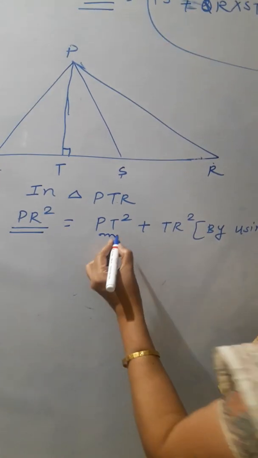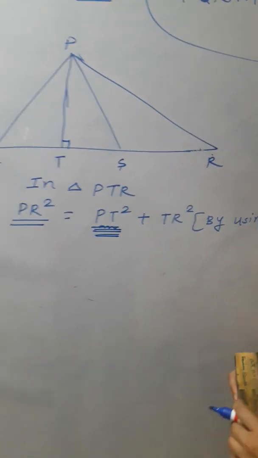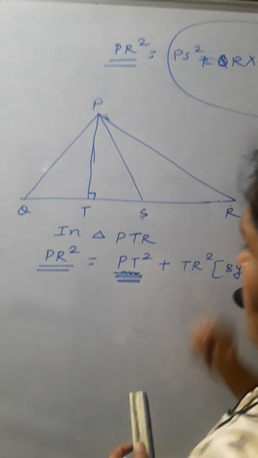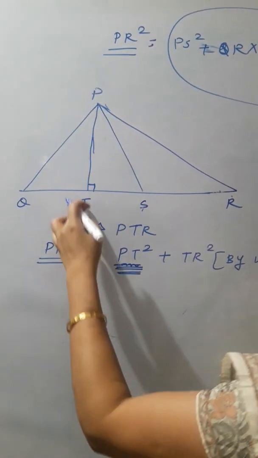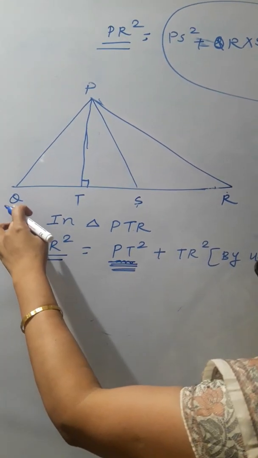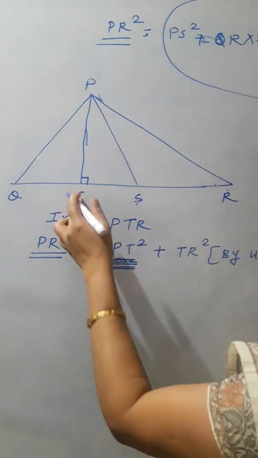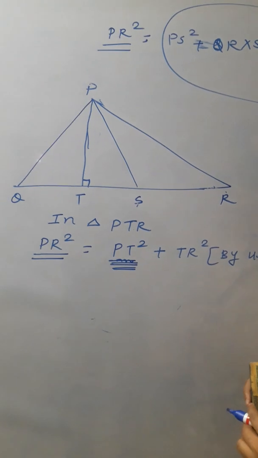I have to find out another value for this PT square. Now see the figure. PTS is the right angle triangle. PTQ, this is also right angle triangle. So I will use Pythagoras theorem in this triangle PTS.